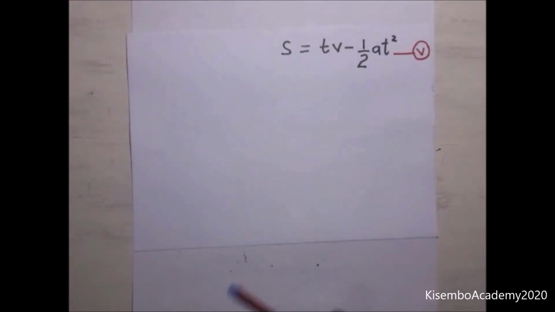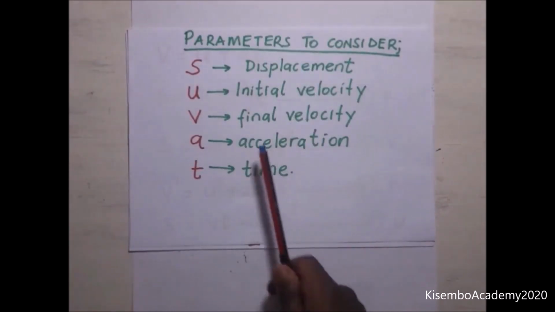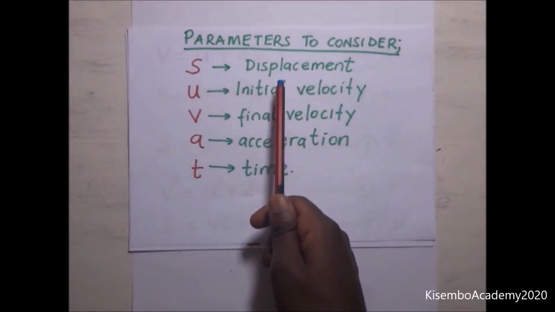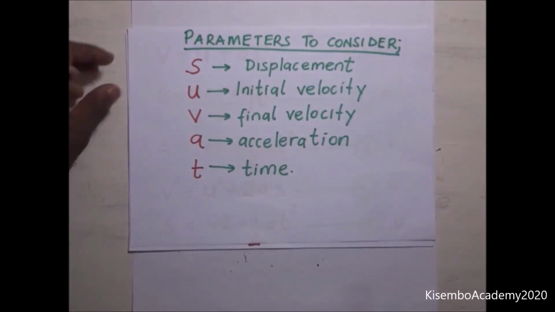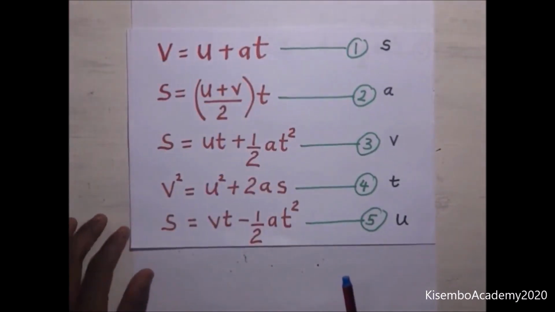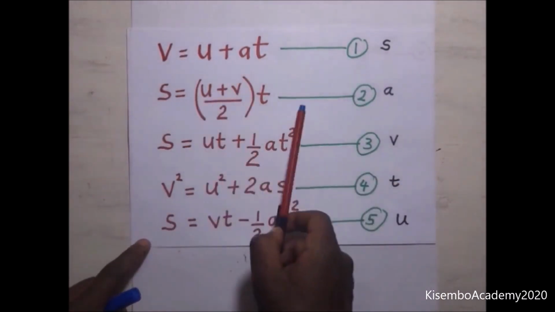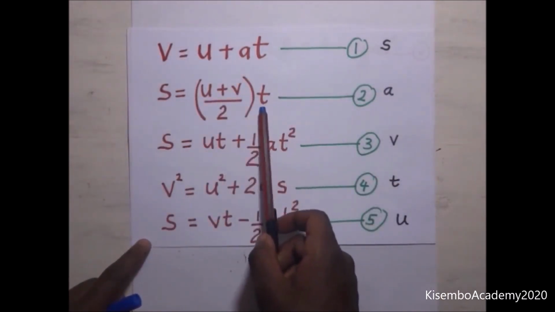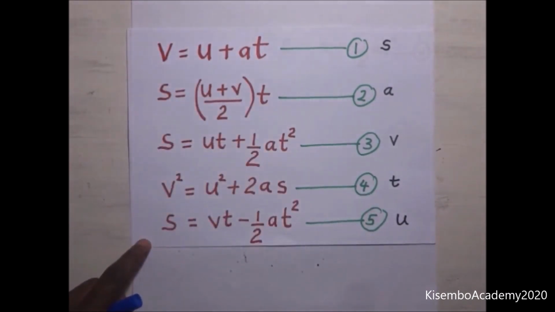Our final expression is going to be s is equal to tv minus a half at squared, and that's our fifth equation of motion. So again, throughout, these were the parameters we were considering: displacement, initial velocity, final velocity, acceleration, and time. You saw that our first two equations were the ones that we derived from scratch. The first one we derived using the definition of acceleration.